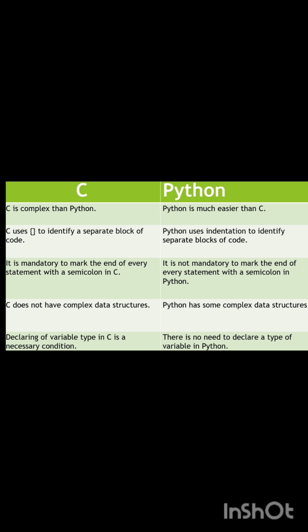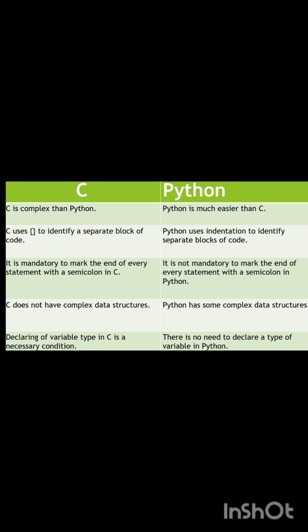And the next, C is more complex than Python, but Python is much easier than C. C uses curly brackets to identify a separate block of code, but Python uses indentation to identify a separate block of code.